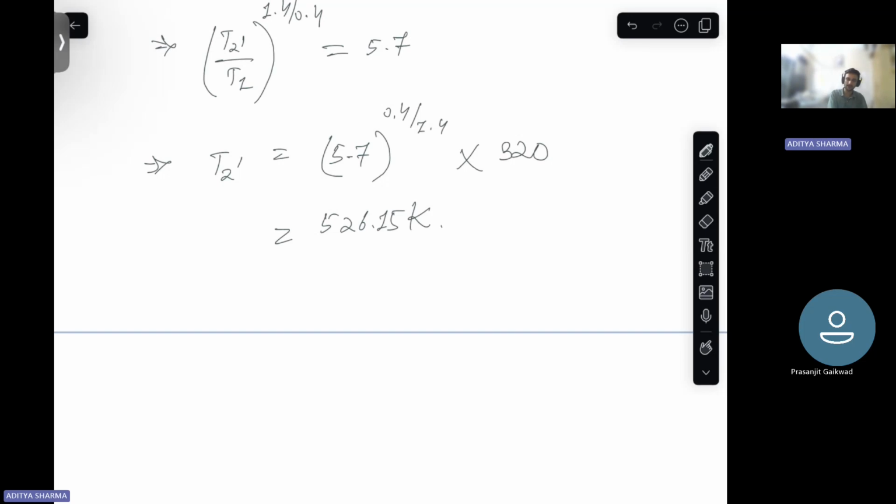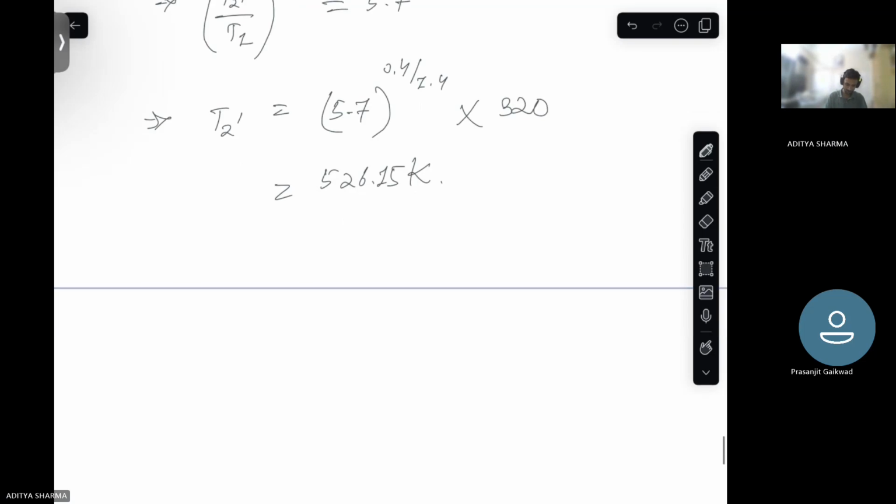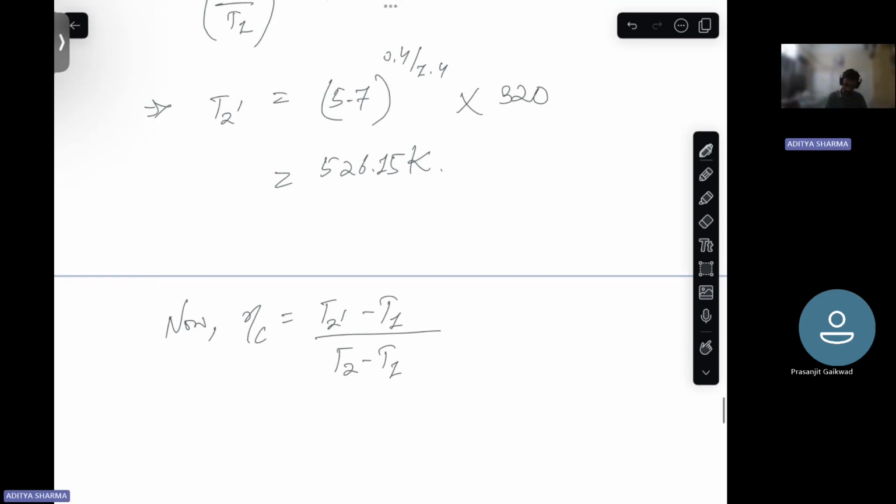Now the efficiency for the compressor is given to us. Efficiency of the compressor is this. So where did it come from?